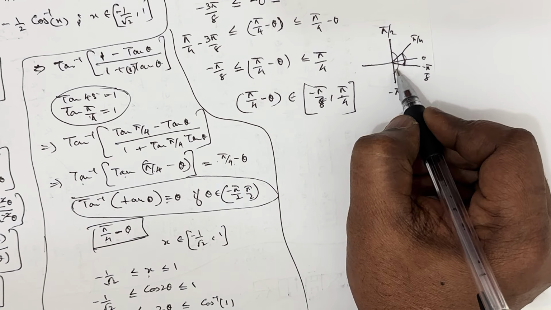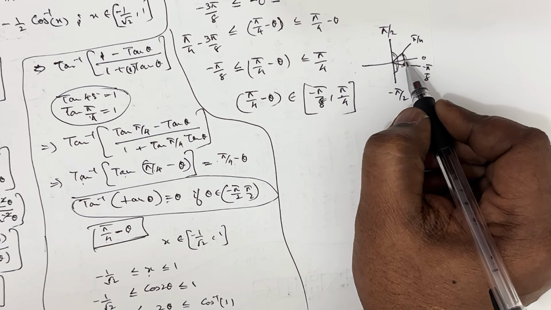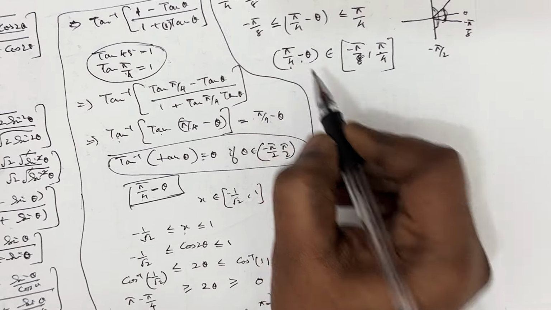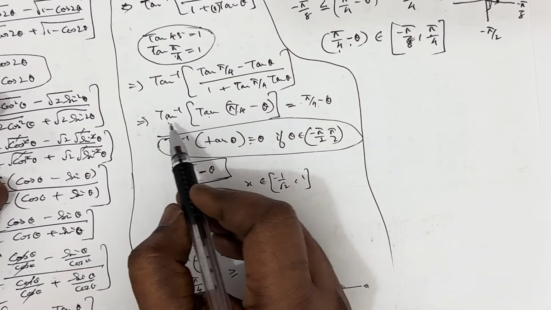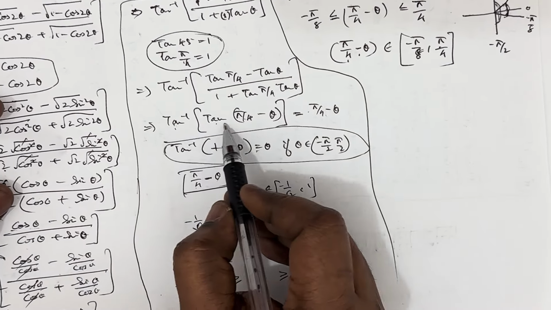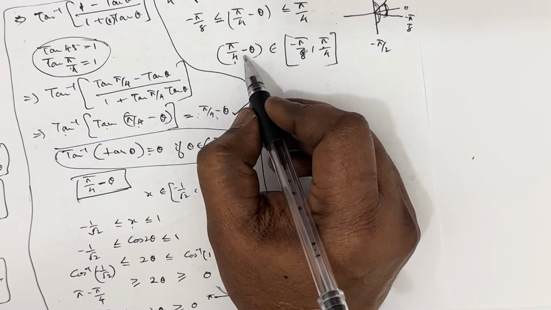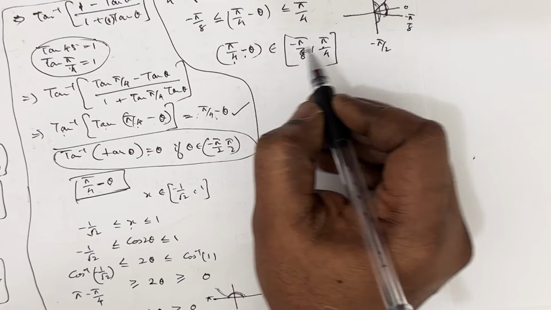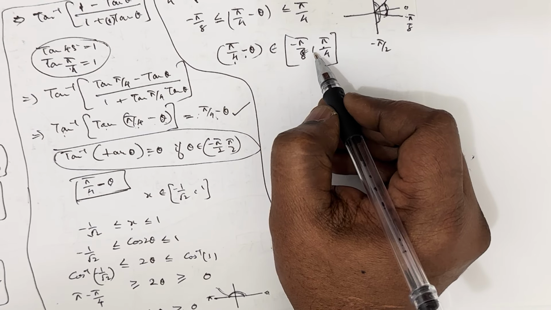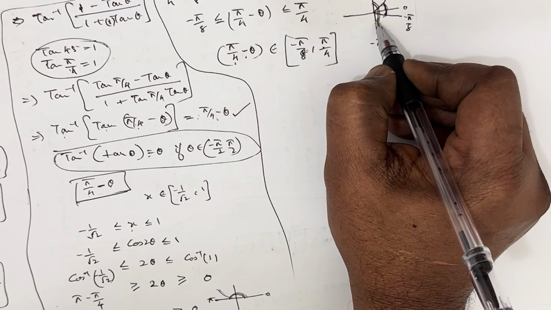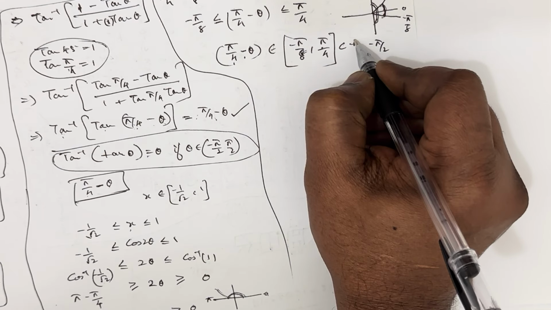This is the range of the tan inverse and this is inside that. So we can say that pi by 4 minus theta belongs to minus pi by 8 to pi by 4, which is also a subset of minus pi by 2 to pi by 2.